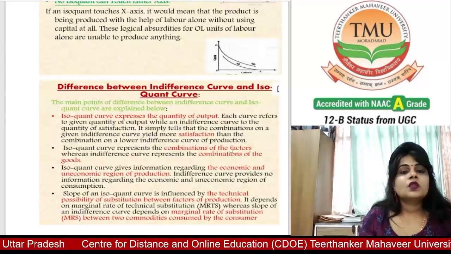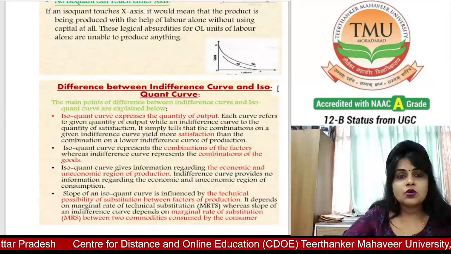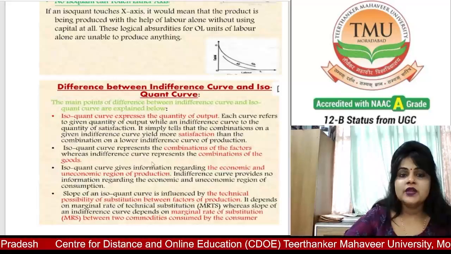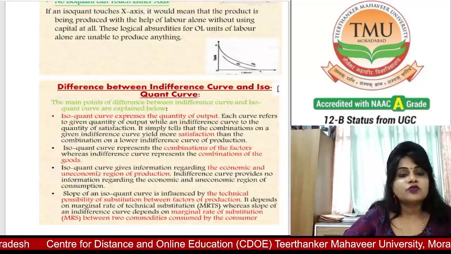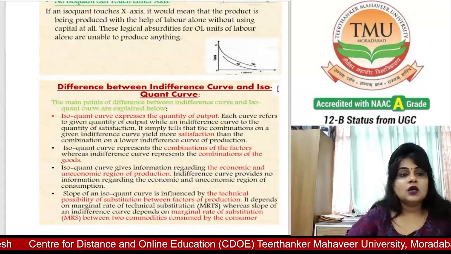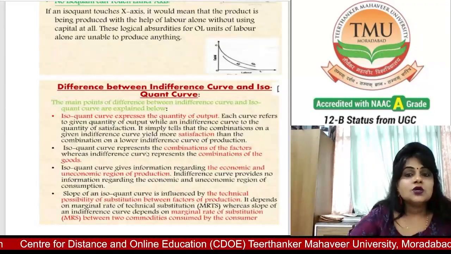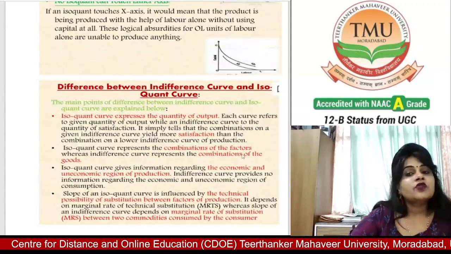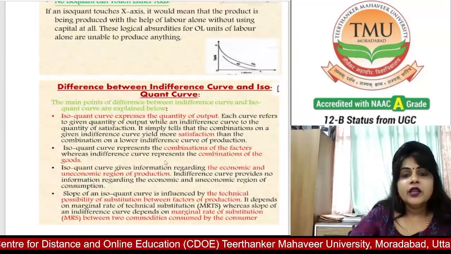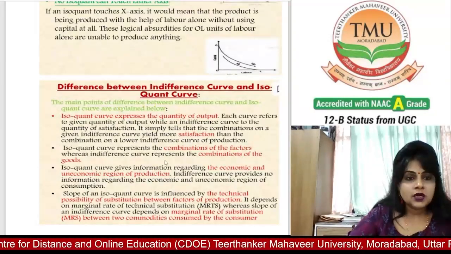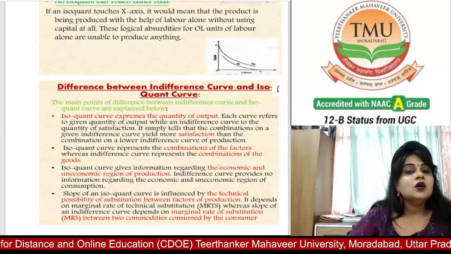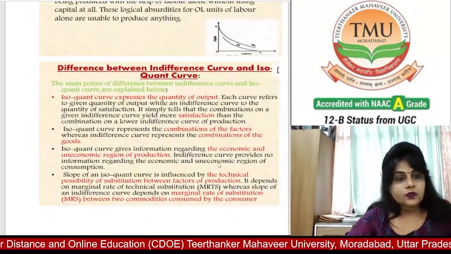So the isoquant curve represents the combination of the factors, whereas the indifference curve represents the combination of the goods. As the isoquant curve is related to the producer, it tells the combination of the factors, labor and capital, and the indifference curve is related to consumer choices, so it tells the combination of two goods.